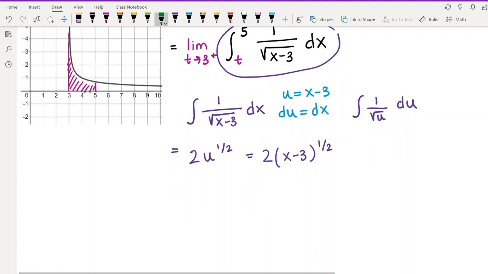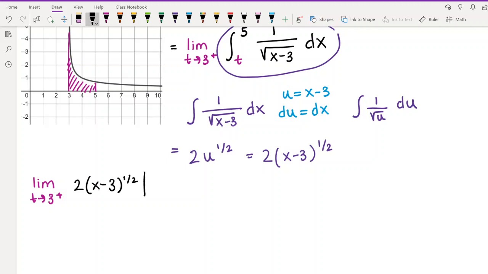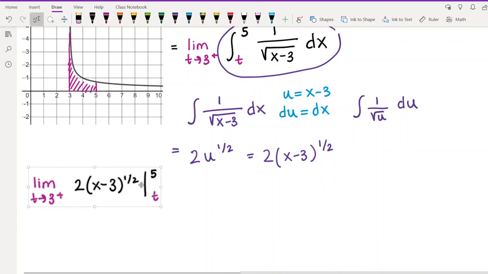Okay, so now that we have our antiderivative, we can go back to our limit. So we have the limit as t approaches 3 from the right. We found our antiderivative to be 2 times (x minus 3) to the 1/2, and we're evaluating that at 5 and at t. Let me scooch that down. I think I put it a little bit too high.